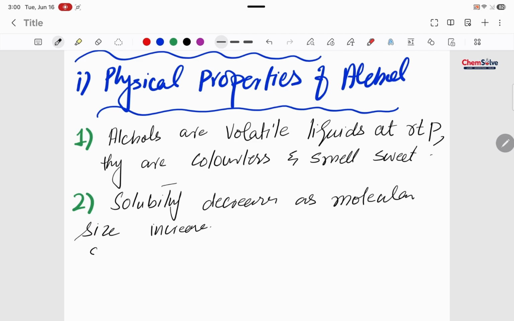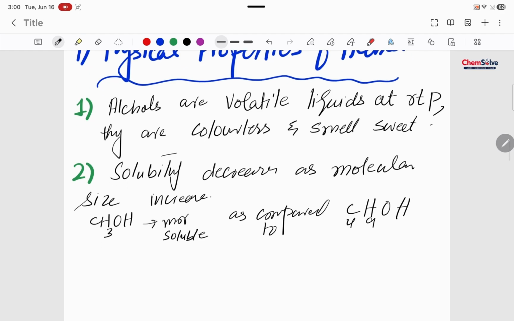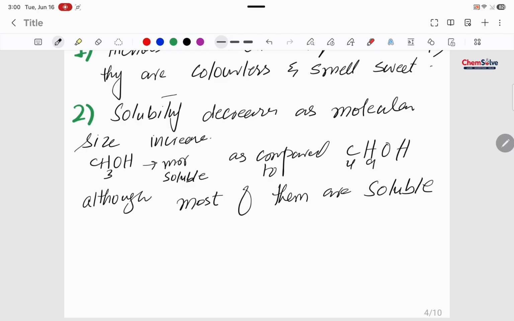So we can say that CH3OH would be more soluble as compared to C4H9OH. Although most of them are soluble in water.